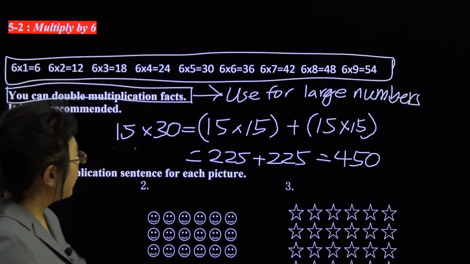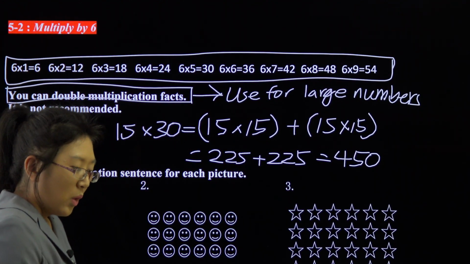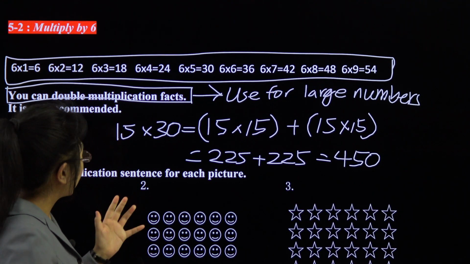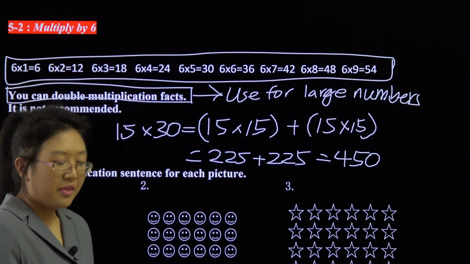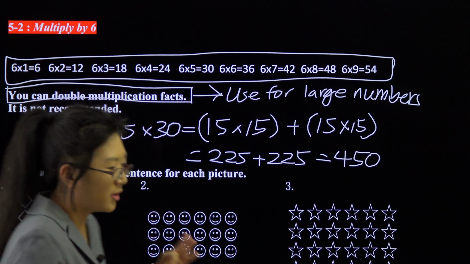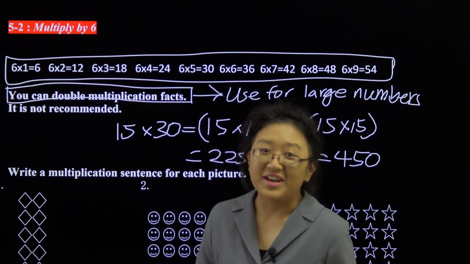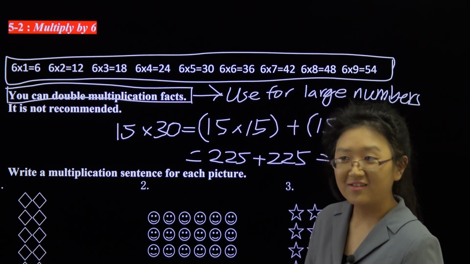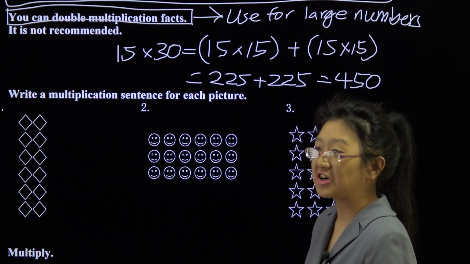Yeah, this is when doubling facts can be used. If you use doubling multiplication facts for large numbers, then okay, sure. But if you use them for numbers that are on the multiplication table, you're not going to survive grade 9, much less grade 10 or 11. And it only gets harder.